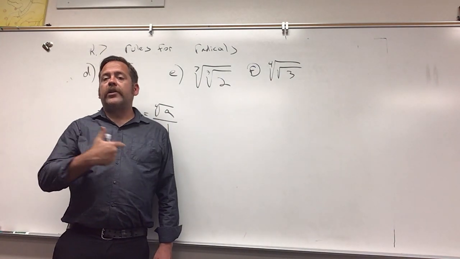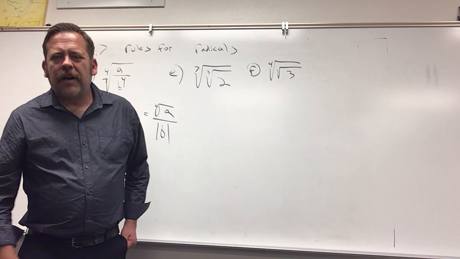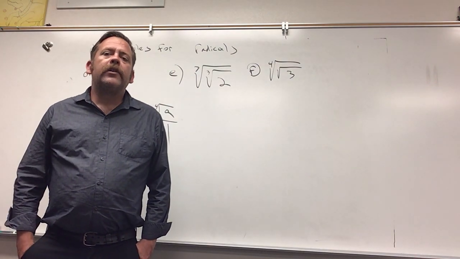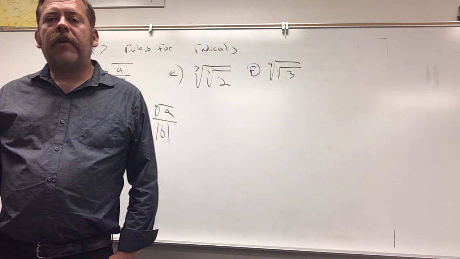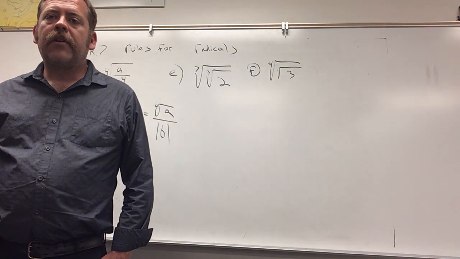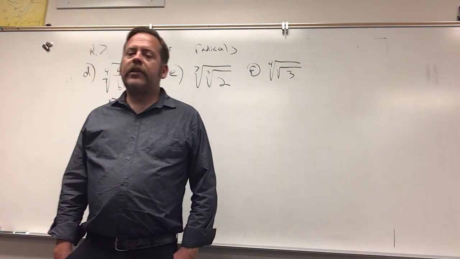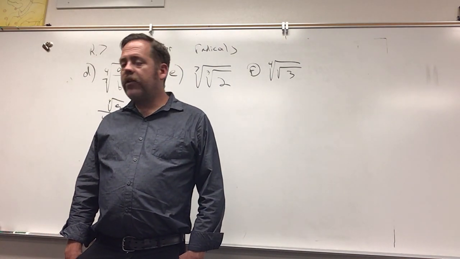Now I want you to be cautious of this. That rule, sometimes you're going to see it not used. You're going to be like, hey, why does that answer not have an absolute value? Well, one of the reasons is the fine print at the beginning of the problems.